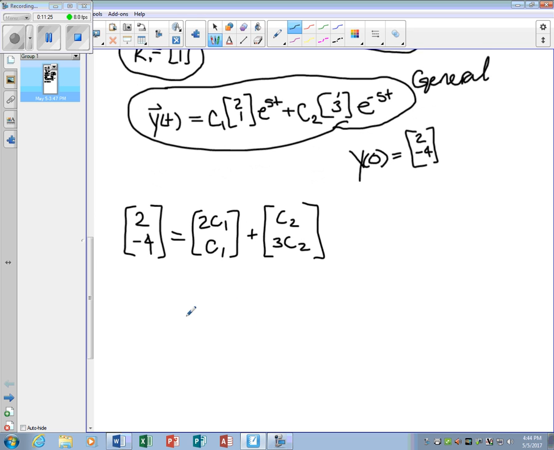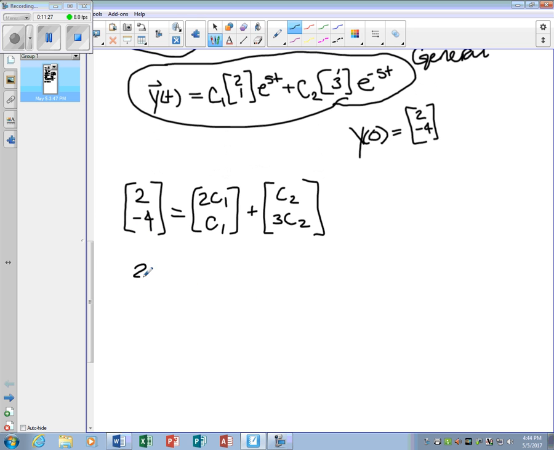So from there, I'm going to write out the problem: 2 equals 2c1 plus c2. I can already tell from here that I'm going to have to solve for c2, so c2 equals 2 minus 2c1.